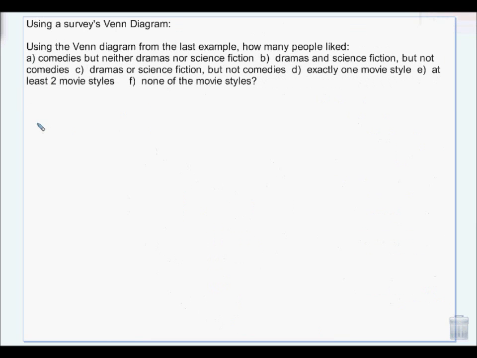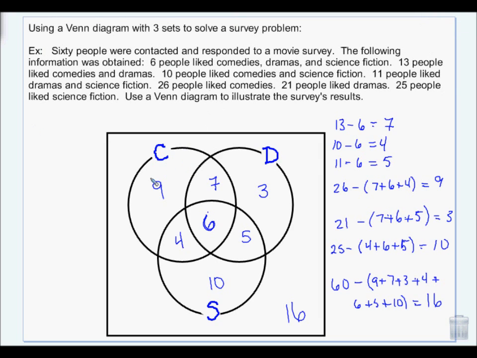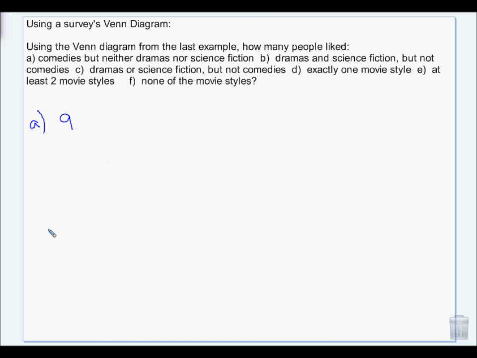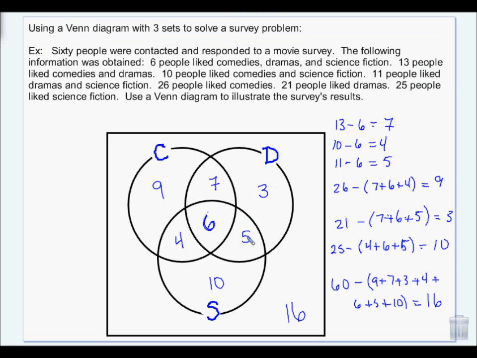How many people like comedy but not drama or science fiction? Well, that's going to be just this part right here. So 9. B is how many people like drama and science fiction but not comedy. Well, we have drama and we have sci-fi but not comedy, so it's this area right here.